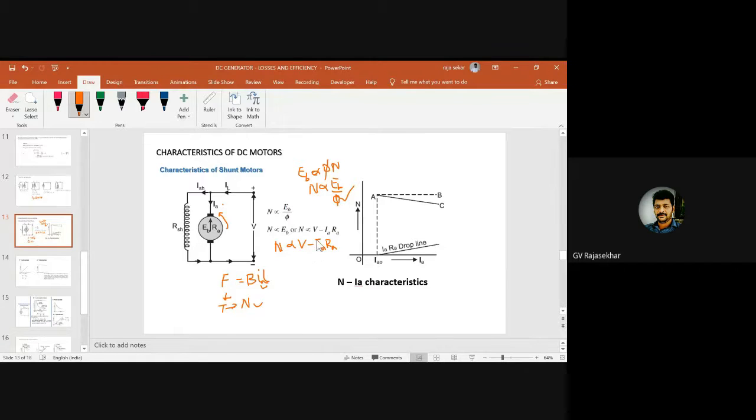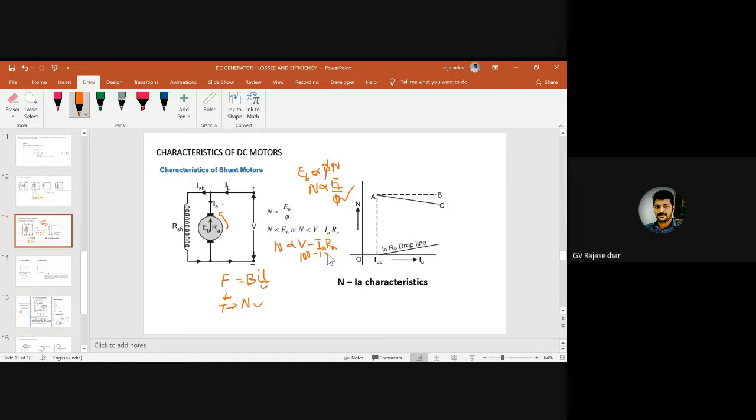When IA starts increasing, what will happen? Suppose V is 100. When IA is 0, N is proportional to 100. When IA starts increasing, suppose IA is 1 and RA is equal to 1.